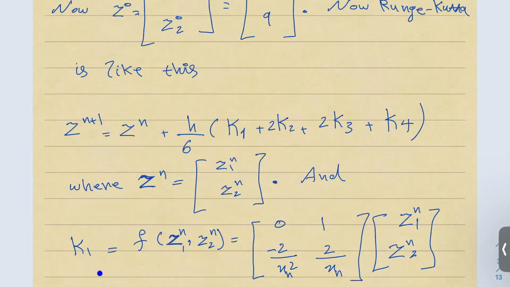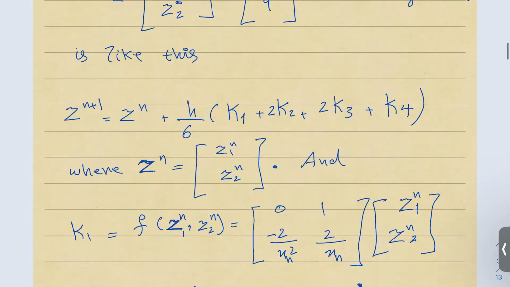Now, here's the important part. K1 is F of Z1n, Z2n, and Z1n itself can depend on Z1 and Z2, and on the independent variable X, or T. Z2n as well.